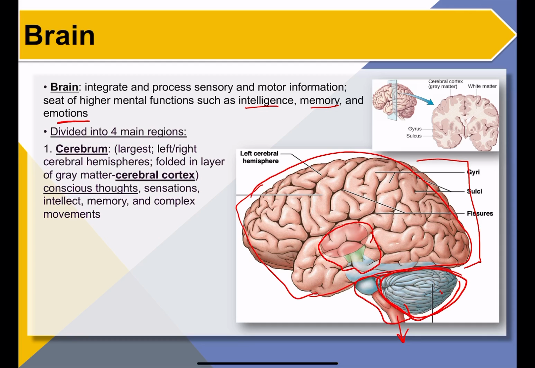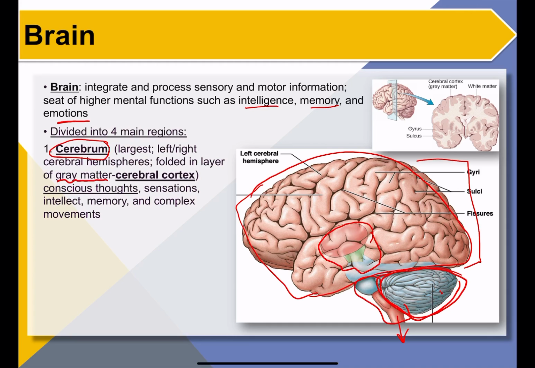So the cerebrum is, of course, the largest portion of the brain and is divided into your left and right hemispheres. The superficial layer is made up of gray matter called the cerebral cortex, and we already talked about what gray matter is made up of in the last chapter.